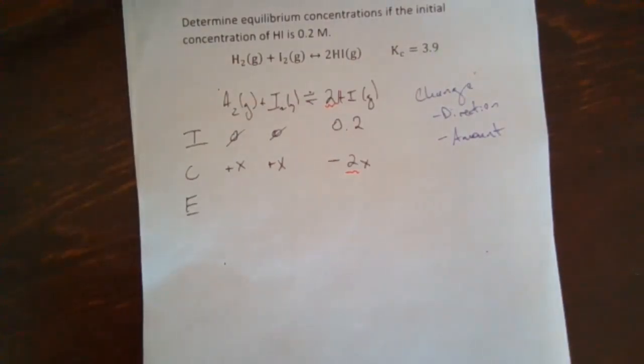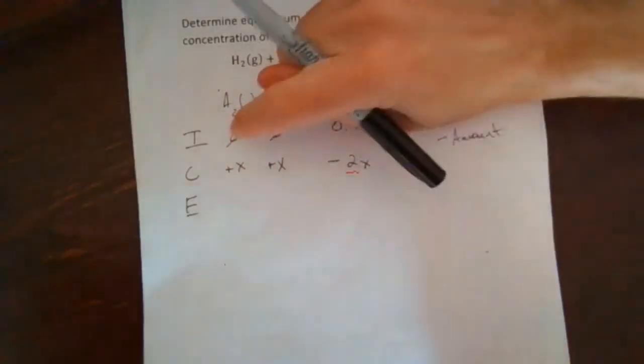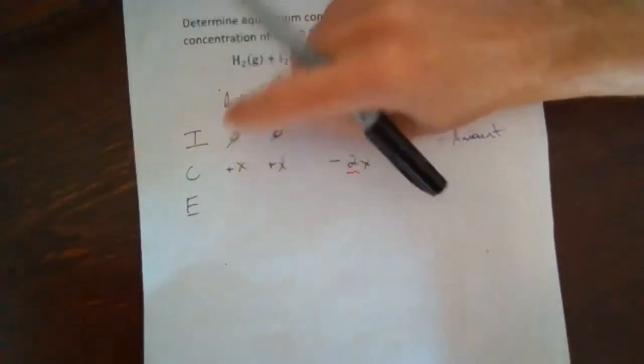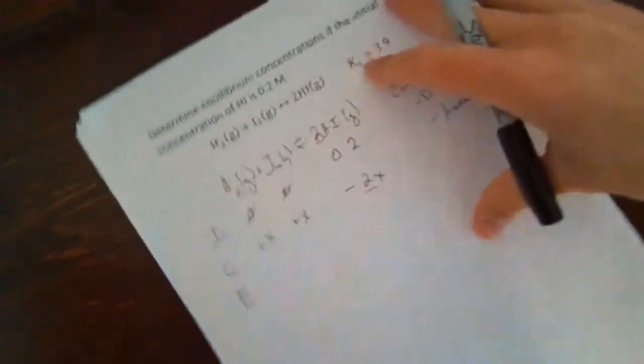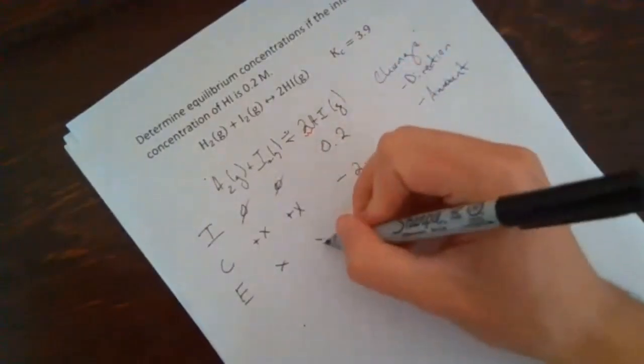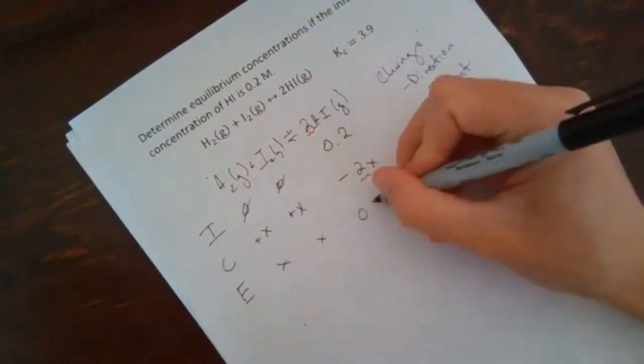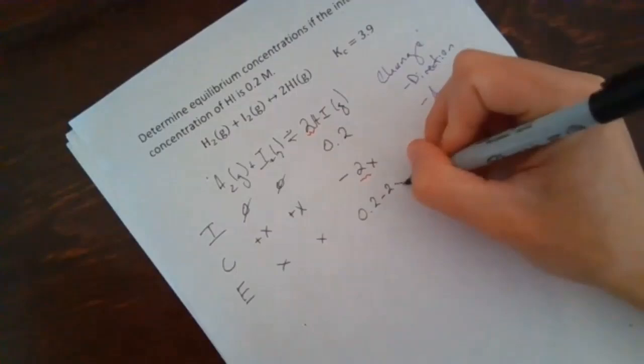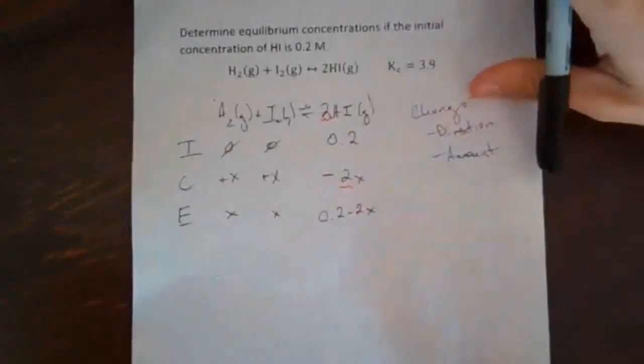So E stands for equilibrium. And so basically what we have at equilibrium is the combination of the initial and the change. So we start at 0, we're going to add x. So at equilibrium, the concentration will just be x, and here 0.2 minus 2x.